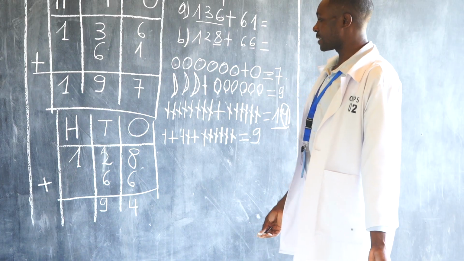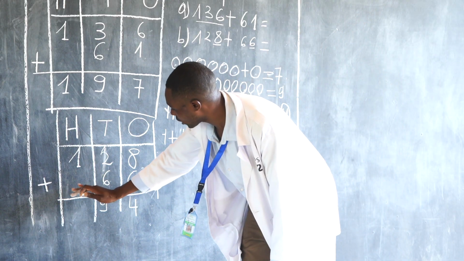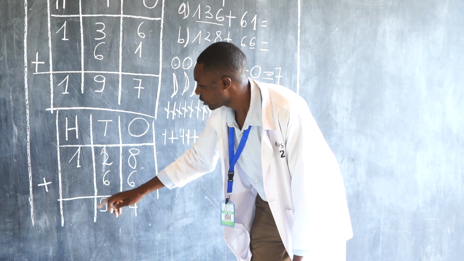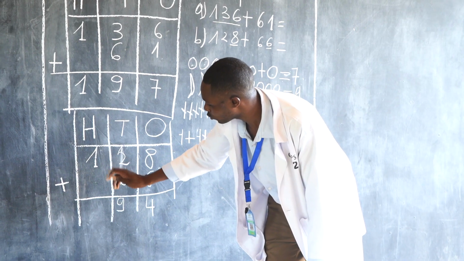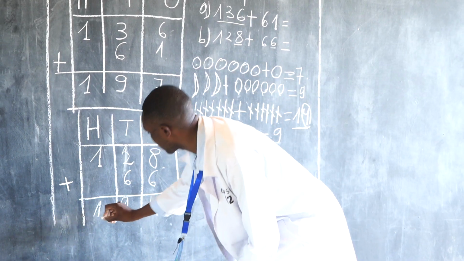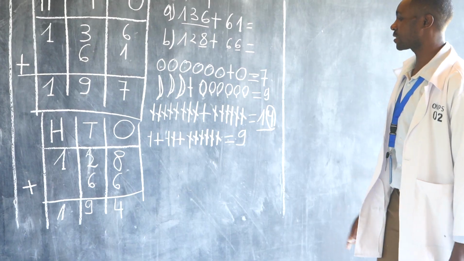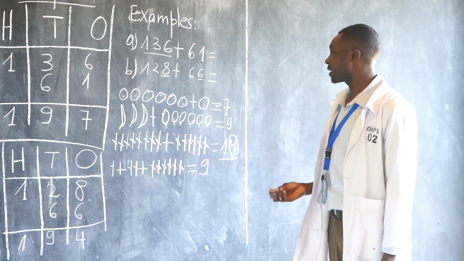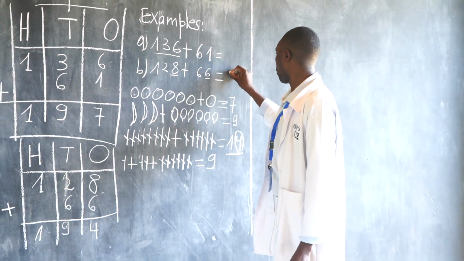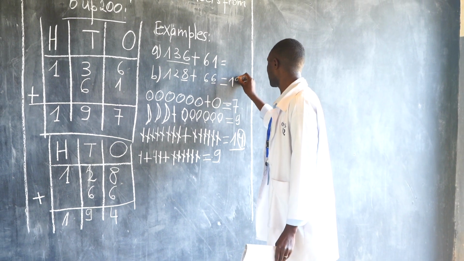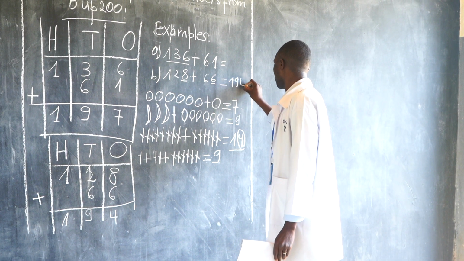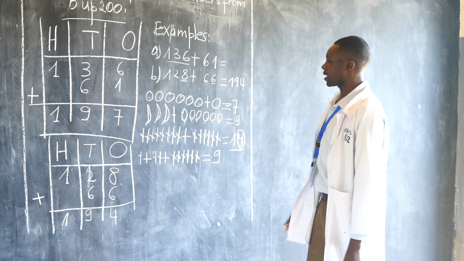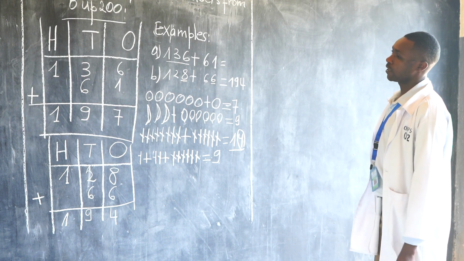As we have already seen that here, because we don't have any number here, this one we are going to rewrite here. Now the answer is 194. 194 as our answer.